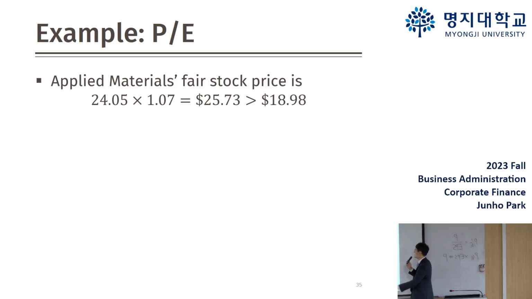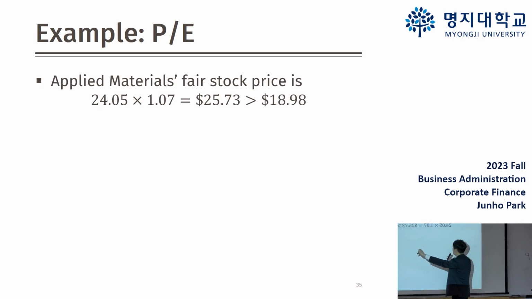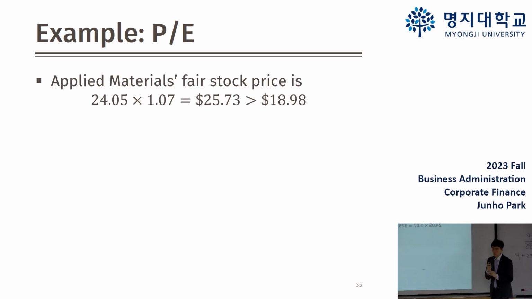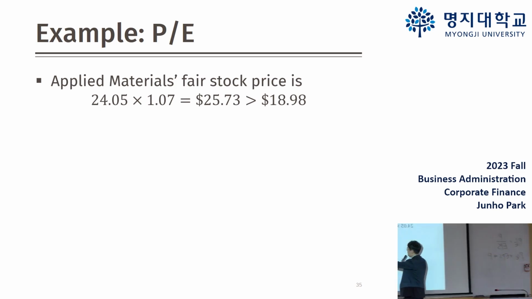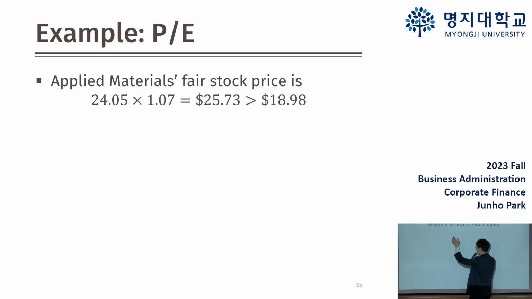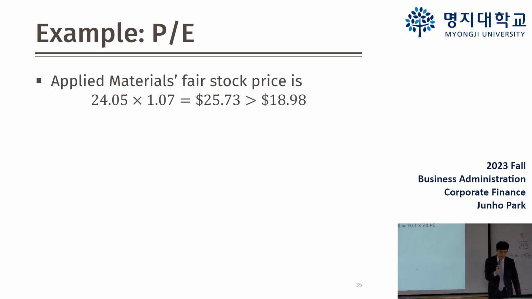So the PE ratio was 24, and the Applied Materials EPS was $1.07. Therefore, if you multiply it, it will be your prediction about the stock price of the company, and it is $25.73.